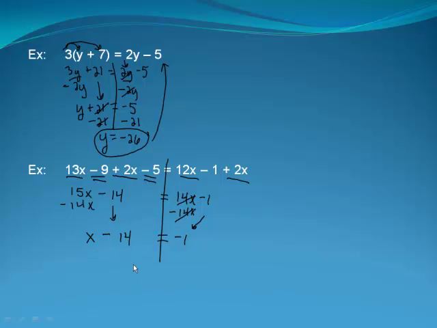So now I've got x minus 14 equals negative 1. I want to get x by itself, so I'm now going to add 14 to both sides. Minus 14 and plus 14 is 0, so I've got x isolated on the left-hand side. Right-hand side, negative 1 plus 14, or 14 minus 1 is 13. And that's my solution for that problem.